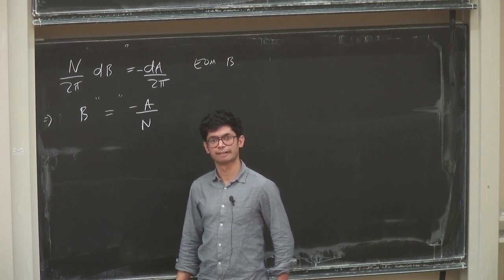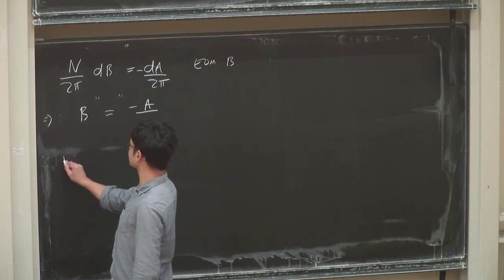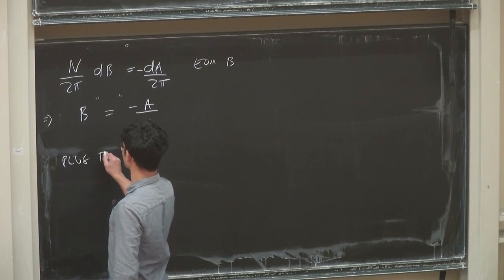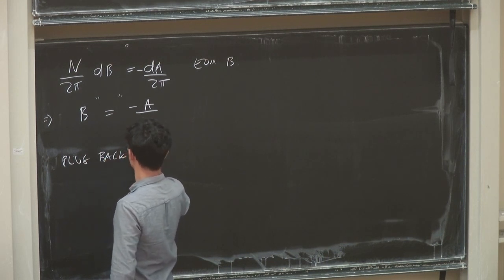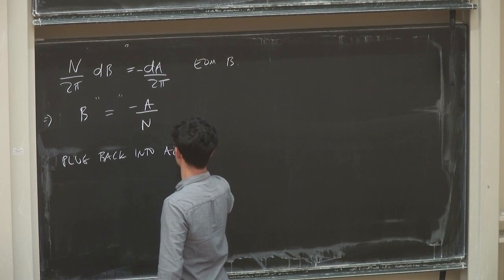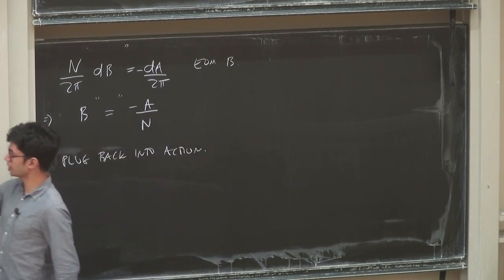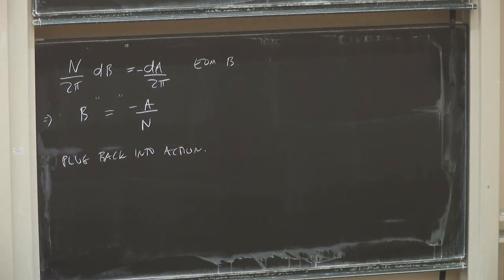Now if you take this and plug it back into the action, let's just look at the n scaling of this term. B goes like A over n, dB goes like A over n. I have n times A wedge dA over n squared, and it turns out to be exactly this guy with the n in the denominator.